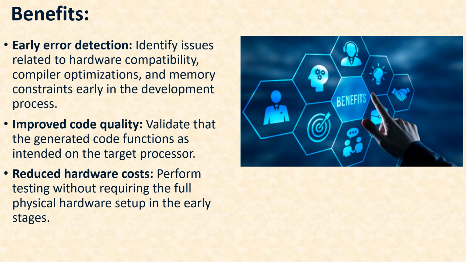Now, the benefits. I hope you don't find benefits too monotonous, but as a trainer, I feel it is important to understand the benefits of each and every in-loop testing. Processor in-loop testing, like other in-loop testing, has early detection: identify issues related to hardware compatibility, compiler optimization, and memory constraints early in the development process. This is important. Next is improved code quality: validate that the generated code functions as intended on the target processor.